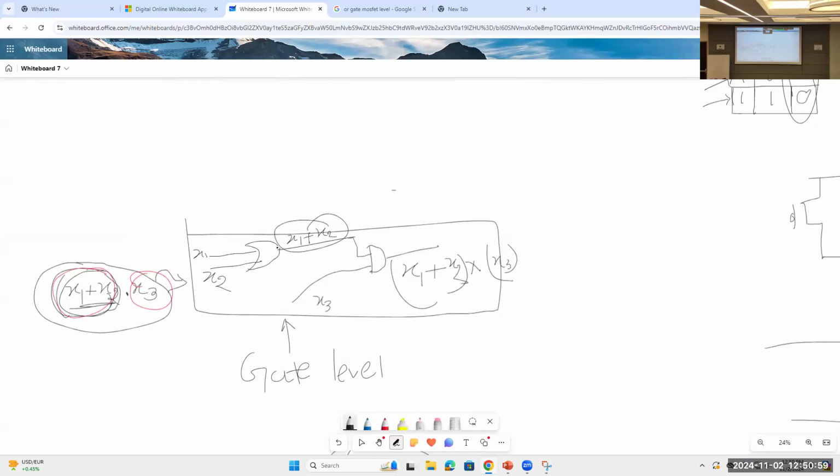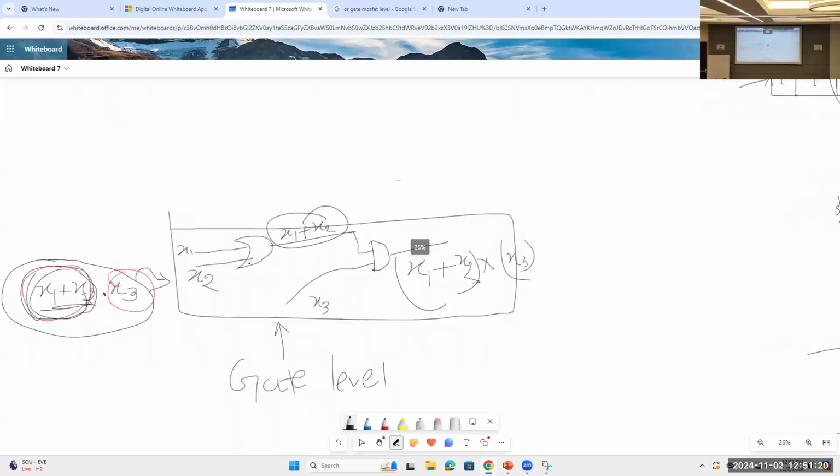I have told you that for a building, the brick is the building block, the smallest unit. For circuit design, for microprocessors and memory, the smallest unit is the MOSFET. So this is a representation, but we also have to draw what's inside these gates.